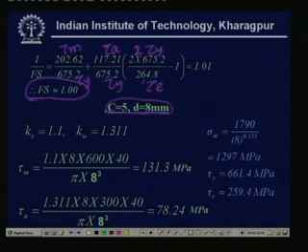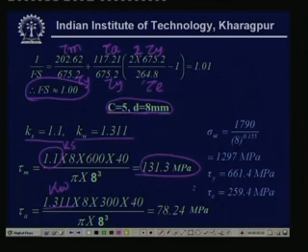So, let us go for the higher one, and following a similar procedure as above, we find that Ks is 1.1 and Kw is 1.311. We multiply the mean stress by Ks and the stress amplitude by the Wahl correction factor that we have learned earlier, and this gives values of this nature.